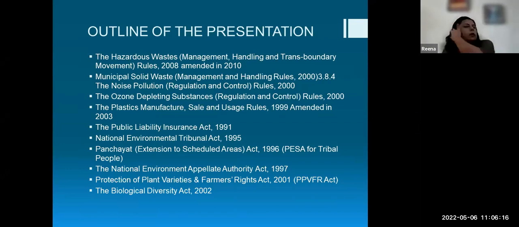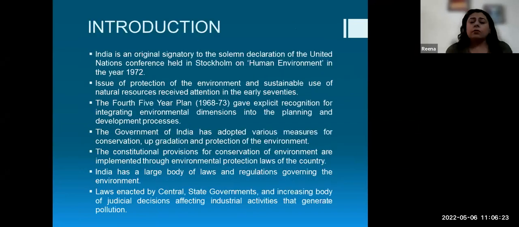So basically in India, as I told you at the last session also, there are more than 200 laws and acts which directly or indirectly involve environment management and sustainable development. We cannot cover 200 laws and acts, and each law and act varies from 5 to 30 to 50 pages.